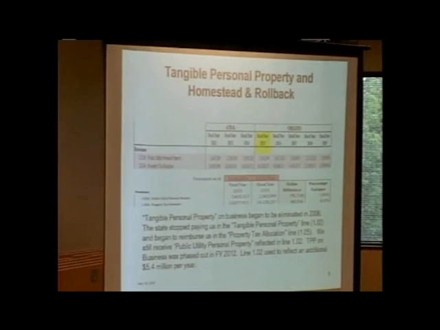So when you hear the state talking about tangible personal property, it doesn't really apply to us anymore from what they used to get from the businesses. Westerville was eliminated about 3 years ago. It started back in '06, they began the process of eliminating it, and a couple of years ago we lost it all. Just picture what we could have done with $5.4 million every year, which we don't have. But tangible personal property is pretty much on schedule.